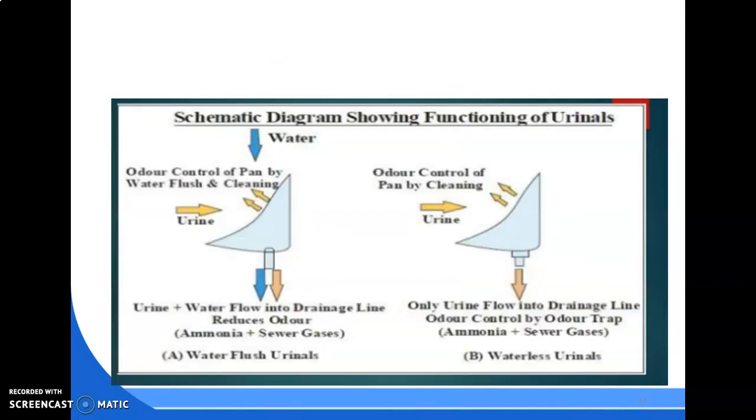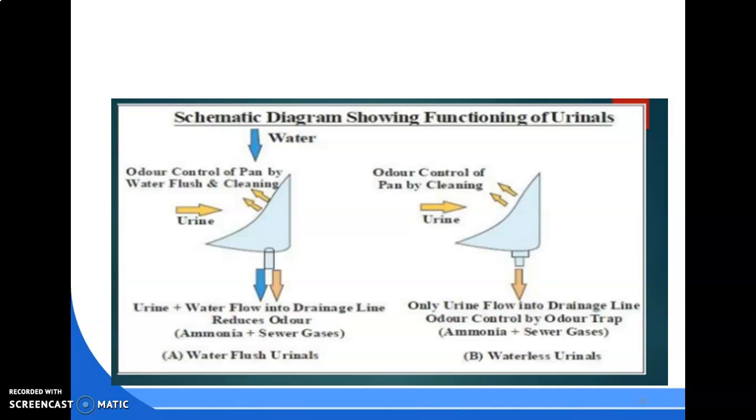The bowl type is generally used for private buildings and the stall type is adopted for public buildings. The usual center to center spacing of units is about 600 mm. The contents of urinals are collected and discharged into the soil pipe through a floor or non-heat trough.